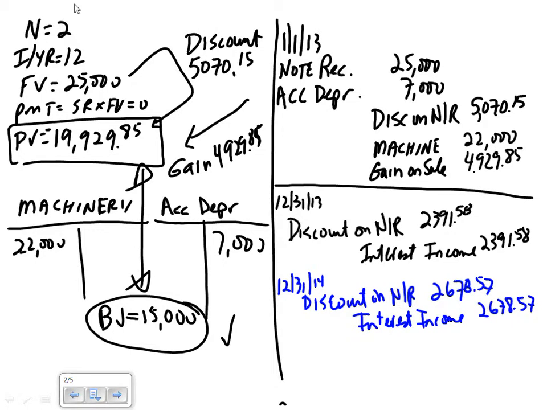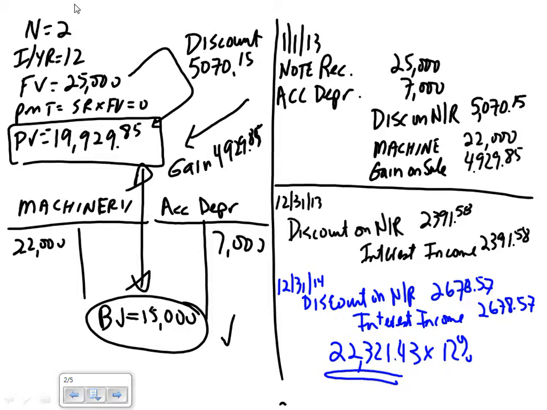That's going to be the $19,929.85 plus the amortization of the discount initially, $2,391.58. And so this is going to be the $22,321.43, times the 12% effective interest method.